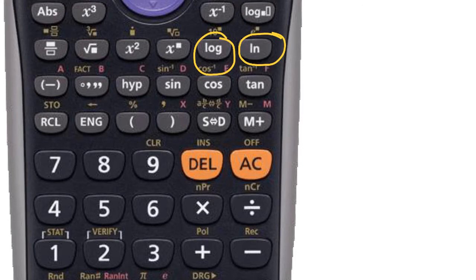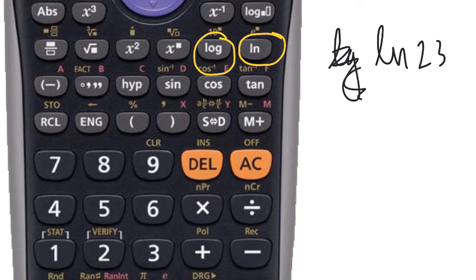So when you have expressions like ln 2.3 times 10 to the power 4, you should be using that button there.